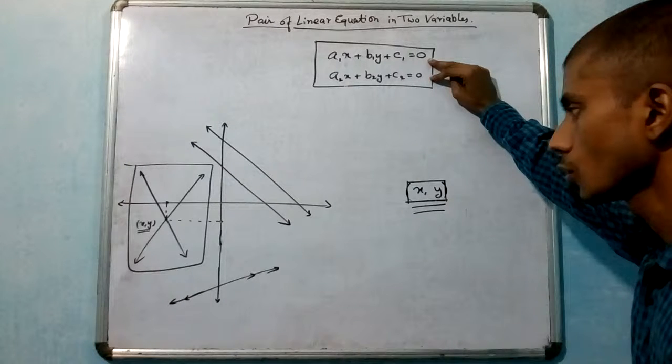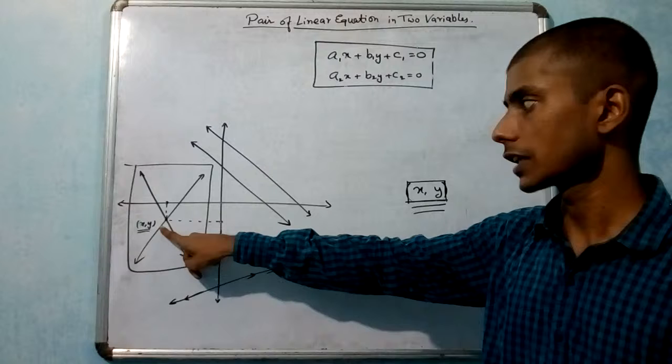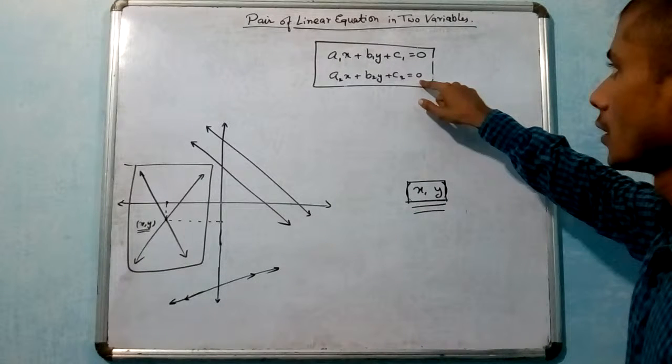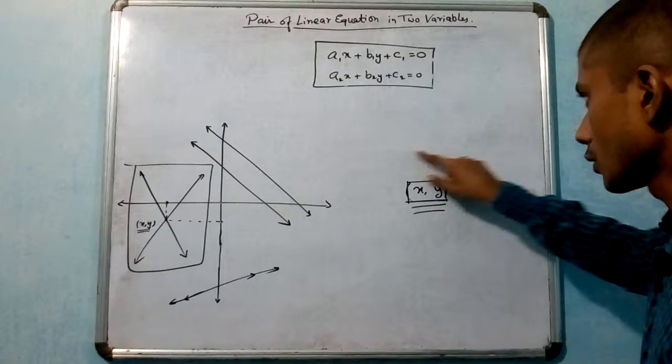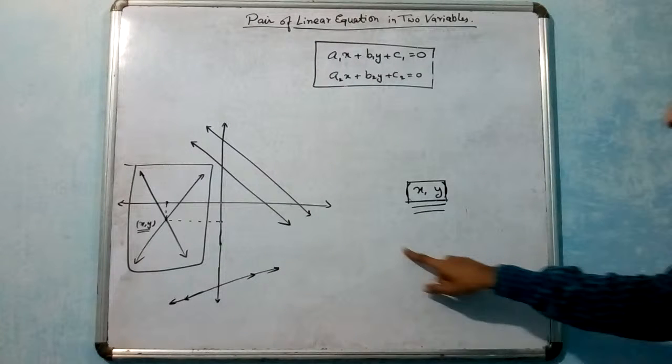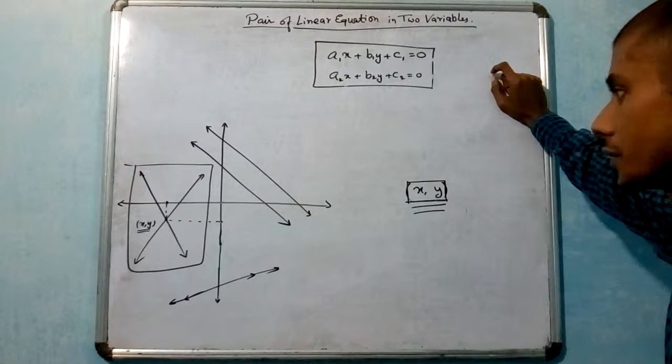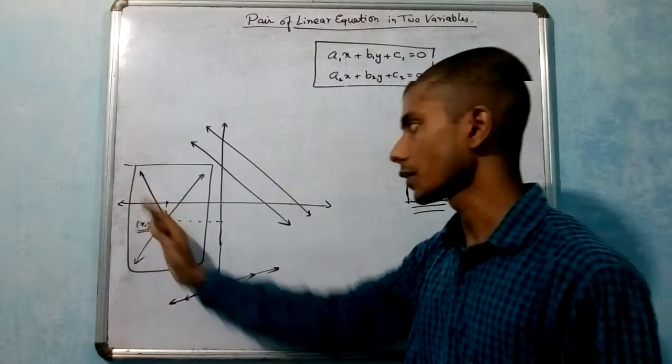So from the graph we can get the solution like this. How to solve it we will see later. We have three ways, like in quadratics, that we will learn later, but from the graph you understand first.